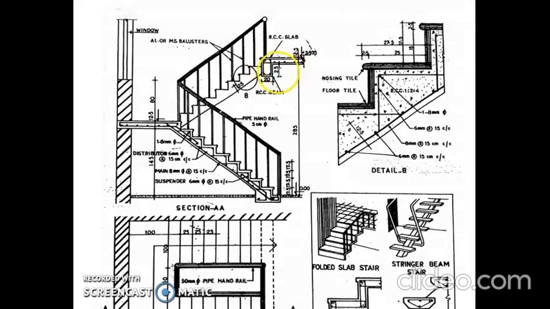The slab thickness is 12.5, so 12.5 plus 25, which is 37.5, is the depth of this beam. 37.5 by 20 by 37.5 is the dimension of this beam.